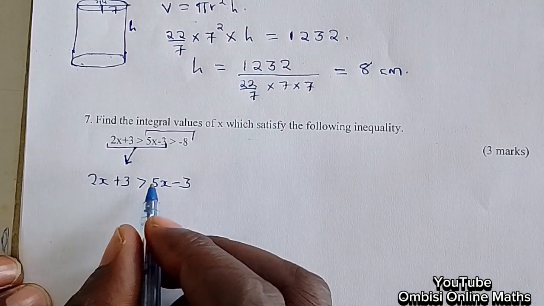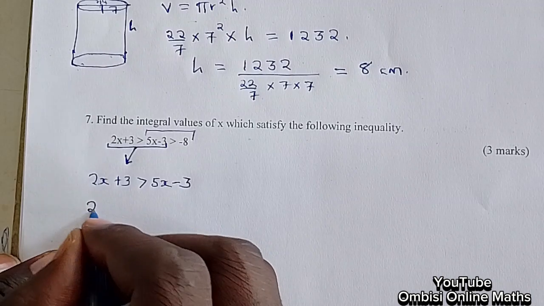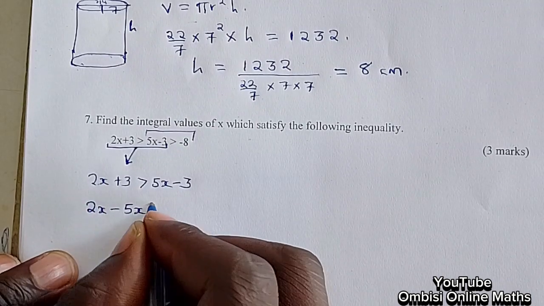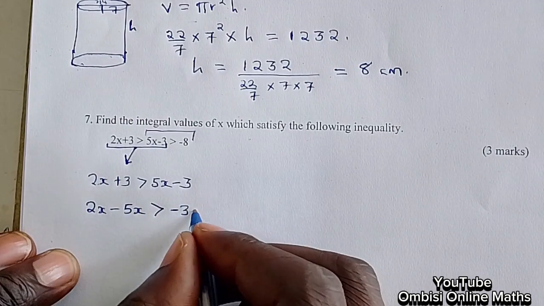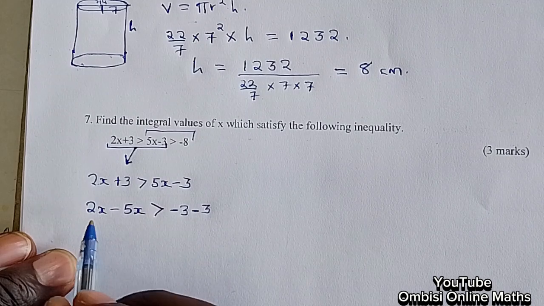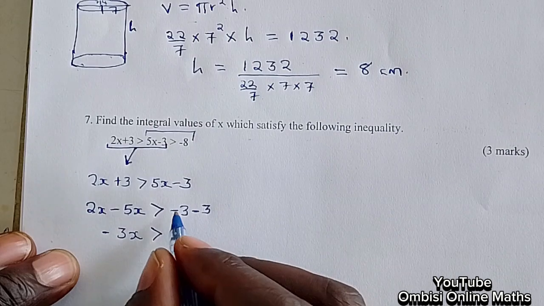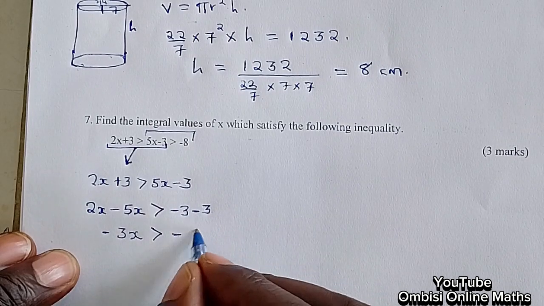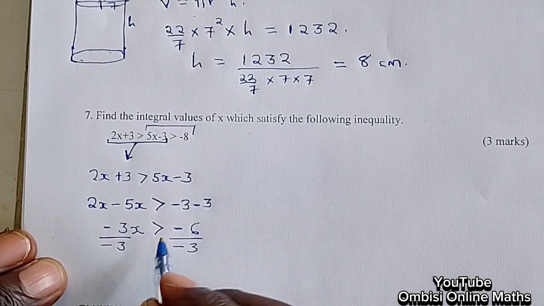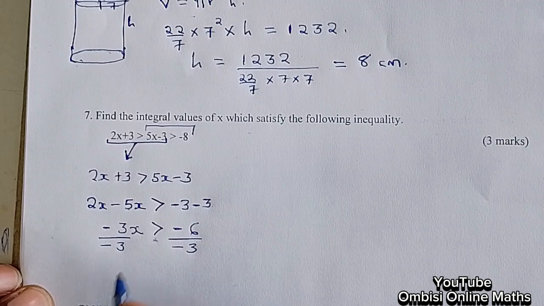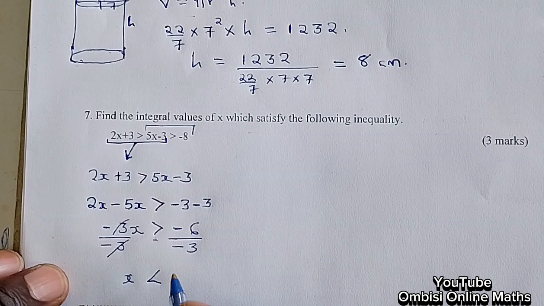Subtract 5x from both sides: 2x minus 5x is greater than negative 3. Subtract 3 from both sides, we have minus 3 also. So negative 3x is greater than negative 3 minus 3, which gives us negative 6. Now, when you divide both sides by negative 3, the inequality symbol will change to face towards the left-hand side.